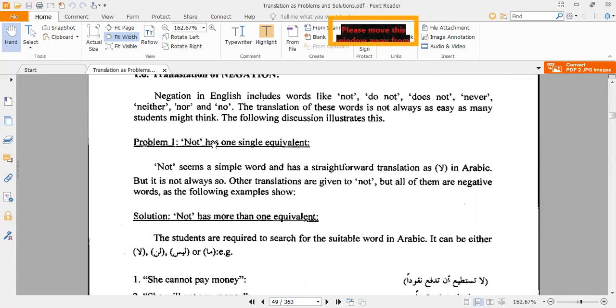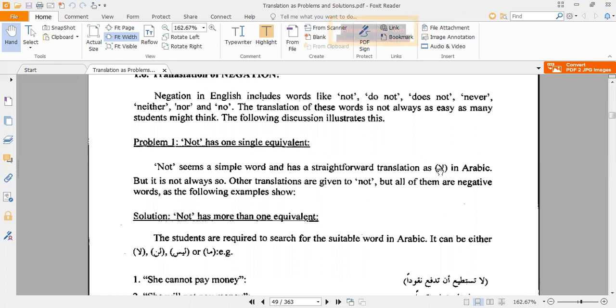But actually, one of the most important problems in translation of negation or translating negative particles is that students usually think that there is only one equivalent item for not in Arabic, which is la.